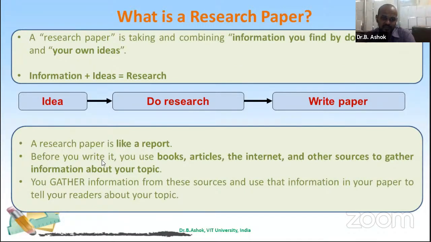So a research paper is taking and combining the information you find by doing the research or your own ideas. So whatever own research you have done, or whatever project outcomes you have, maybe it is a BTech project, or a design project, or a final year project, or if it is a PhD project, how can we convert it into a paper?